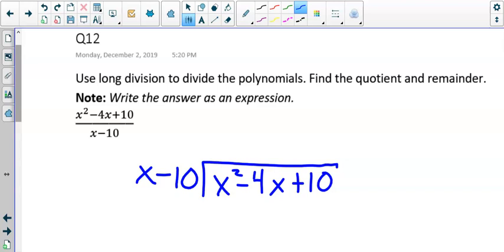Also remember with long division, the piece that's under the division symbol, what are the two things you have to watch out for? Nope. The variables are in order. So make sure that you're in standard form. So 2, 1, 0. So that's good. And you also have to make sure of what? One other piece.